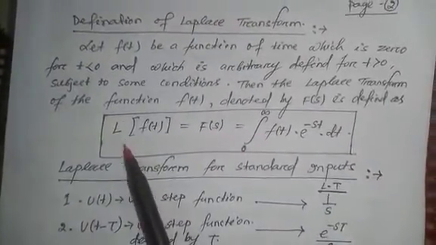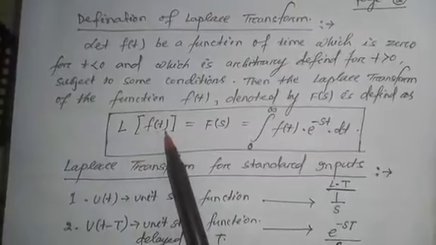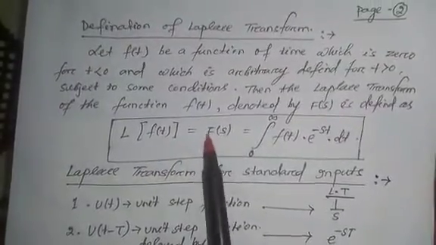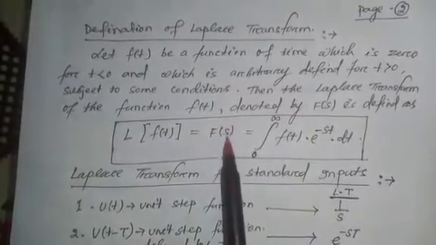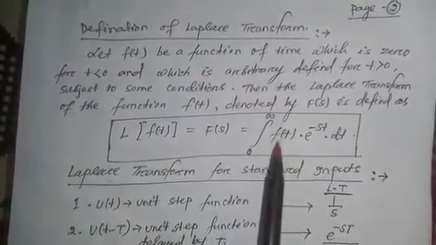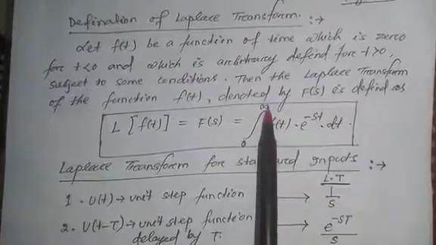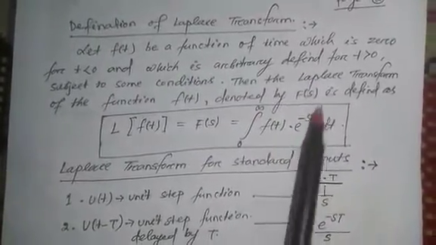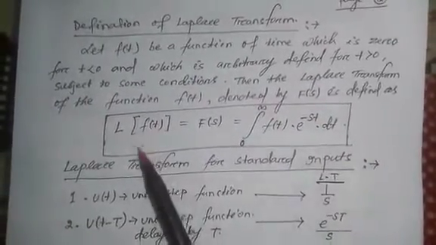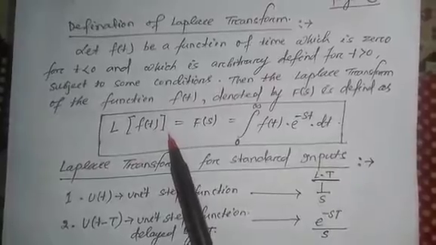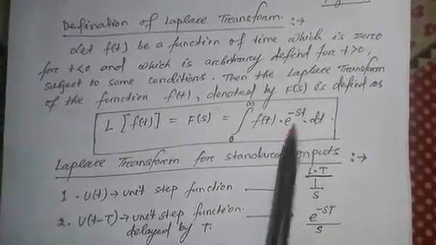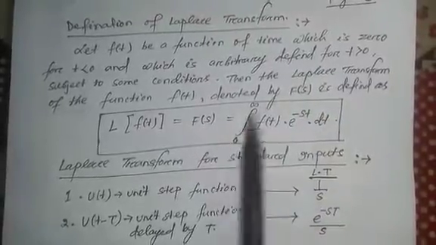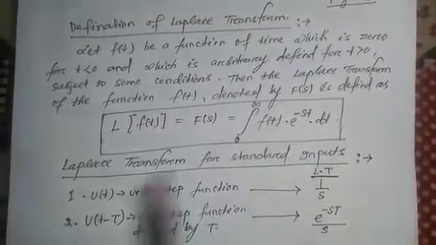L stands for the symbol of Laplace transform. The Laplace transform of f(t), the time domain function, is F(s) in the s domain. The formula is the integration from 0 to infinity of f(t) e^(-st) dt. It means the Laplace transform of any time domain function is calculated in this form. You put the function here, times e^(-st) dt. Integration from 0 to infinity means lower limit to upper limit.